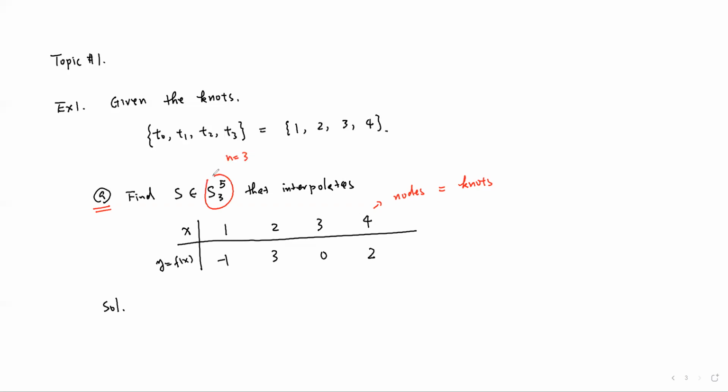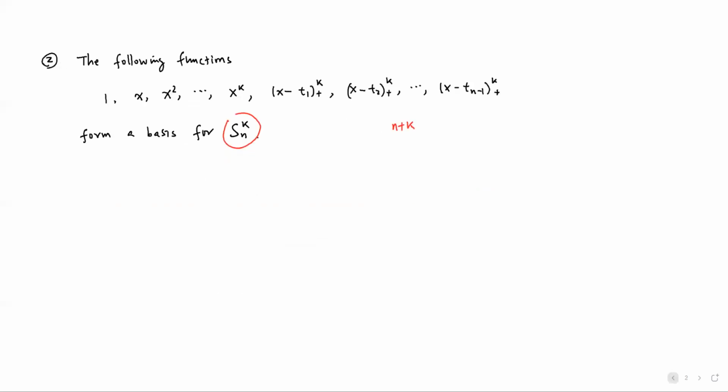About this space, a basis of this space is, go back here, n is 3, k is 5. So this is a basis.